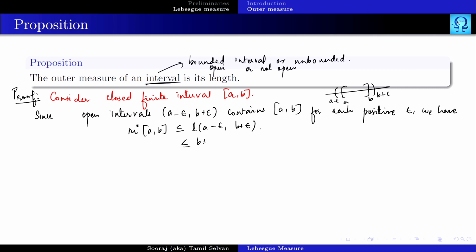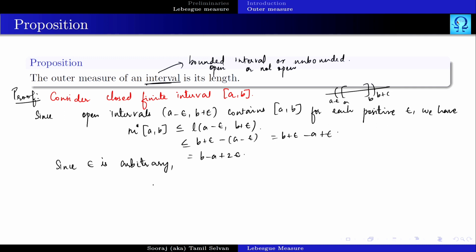This is B plus epsilon minus A minus epsilon. So this is nothing but B plus epsilon minus A again plus epsilon, which is B minus A plus 2 epsilon. Since epsilon is arbitrary, it means you can choose epsilon to be however small.